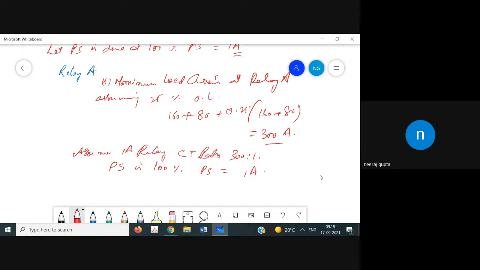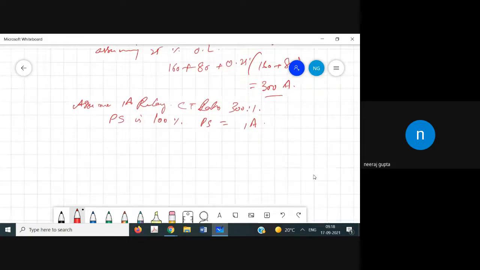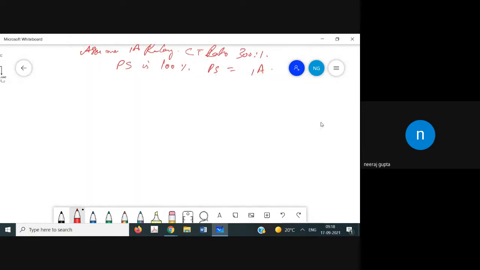Now, the second part, part B, is deciding the time multiplier setting.